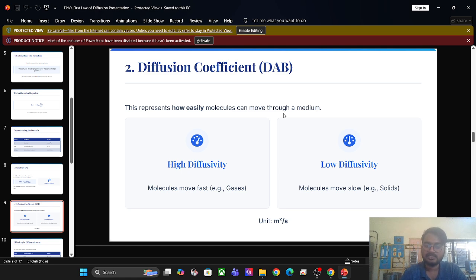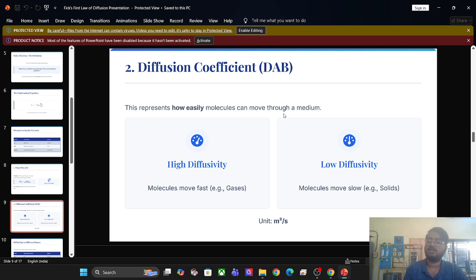Next slide, diffusion coefficient D_AB. This represents how easily molecules can move through a medium. With high diffusivity, the molecular movement is faster, for example in gases. With low diffusivity, the molecules move very slowly, for example in solids.